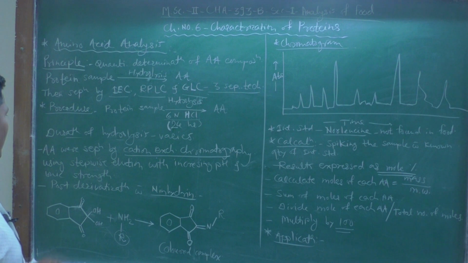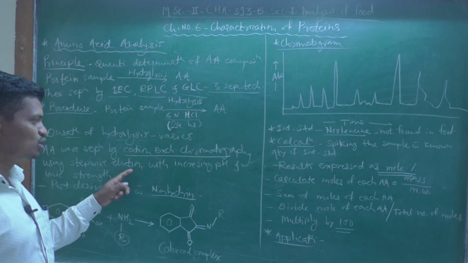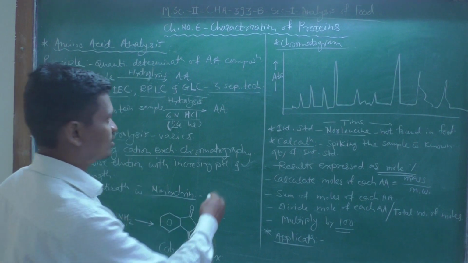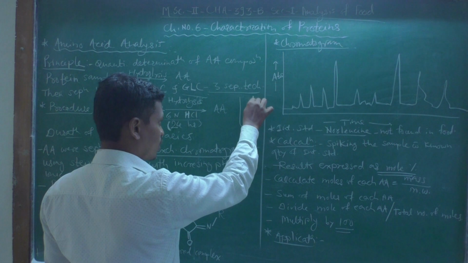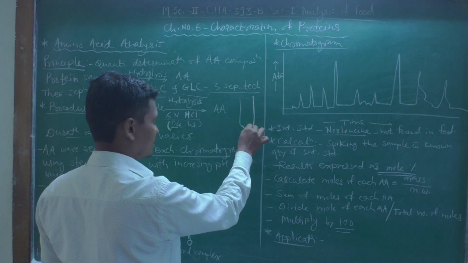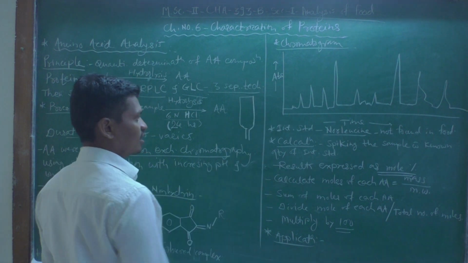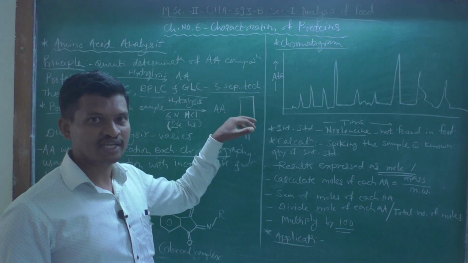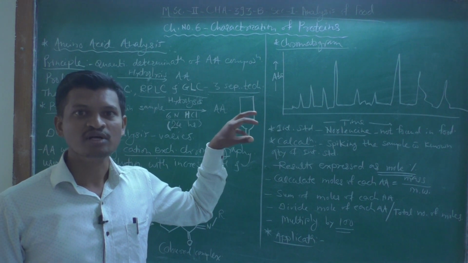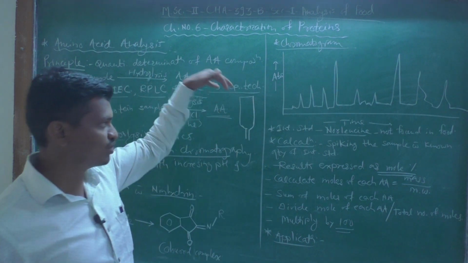And for that we are going to use stepwise elution. We know that a column is there, and this column is filled with a cation exchange resin and loaded with a mixture of amino acids.